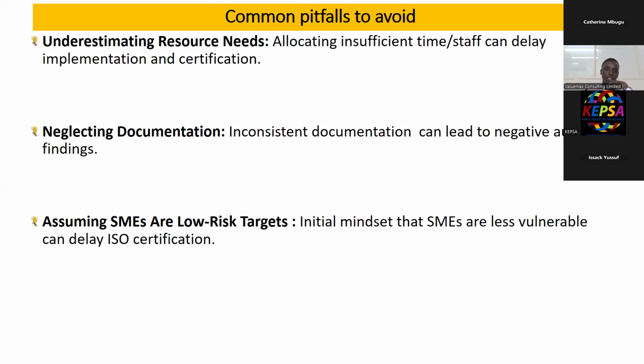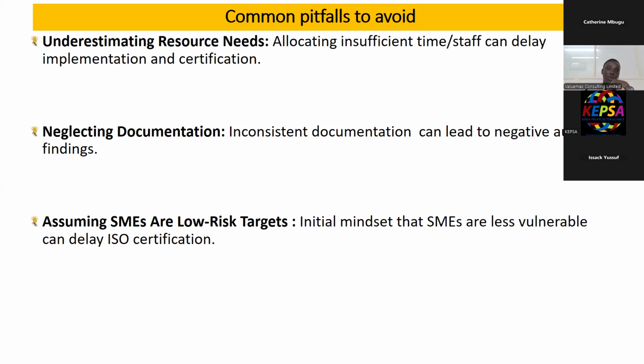Also, there are some pitfalls that we observe, or some mistakes that some companies or small businesses make. Some small businesses underestimate resource needs. You allocate insufficient time or staff. If you allocate insufficient time, it will be very hard for us to implement this standard for you. If we say we are coming to train you, you have to make time for us to train you on this ISO standard.